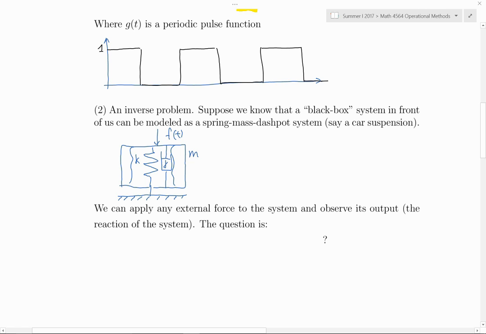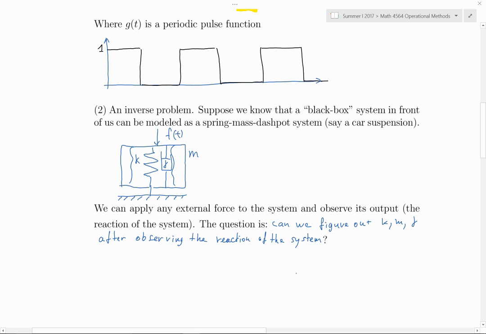So the question is, can we figure out the parameters k, m, and gamma after observing the reaction of the system to some external forcing?